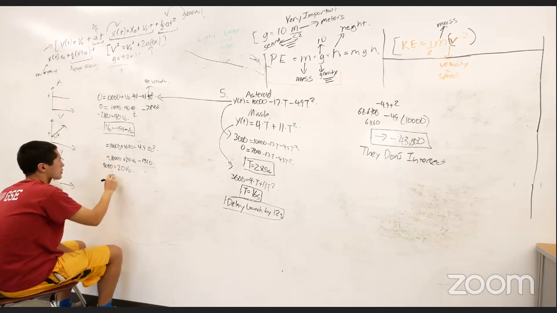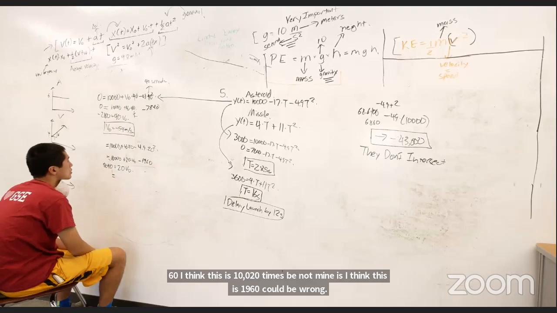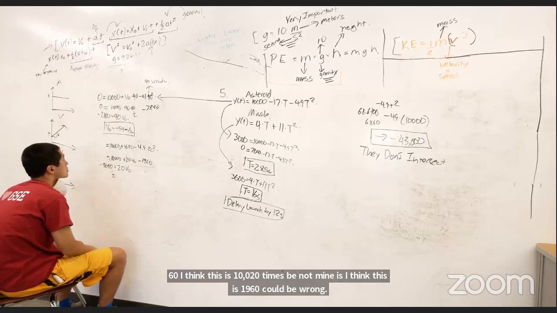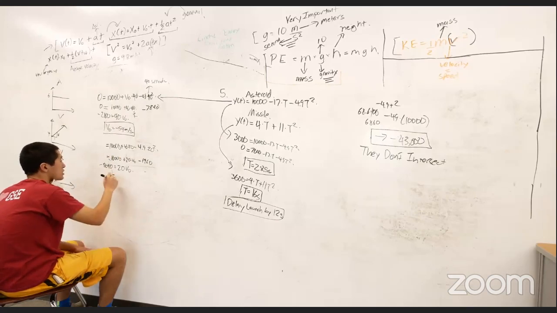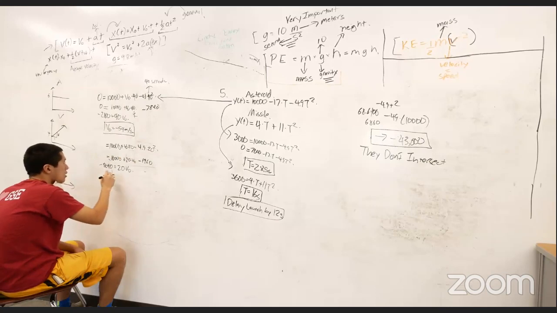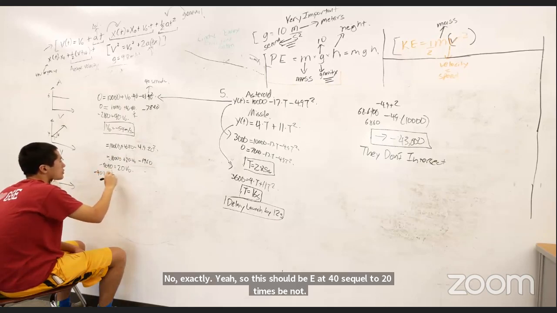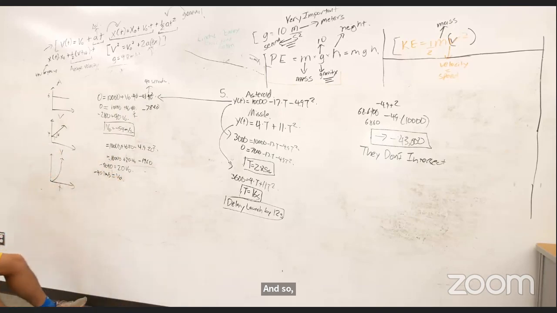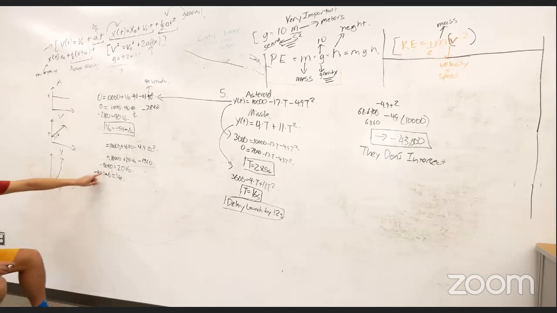And so V naught needs to be negative 401 meters per second. No, 402.